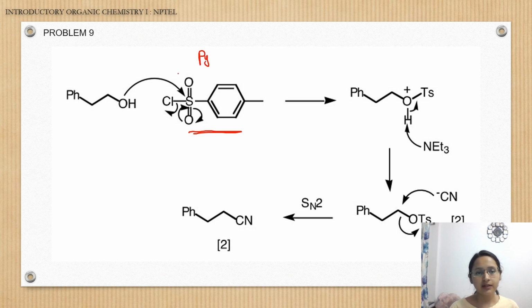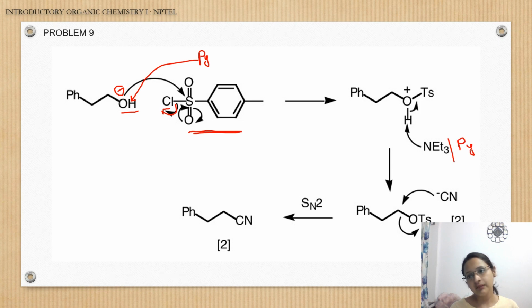Pyridine will make this OH a better nucleophile. It will take up this proton and make this O as O minus, and this O minus will then attack the sulfur of this sulfonyl, and the Cl minus leaves out to give you this moiety. Now instead of triethylamine, this is a base also, but you have added pyridine in the system.